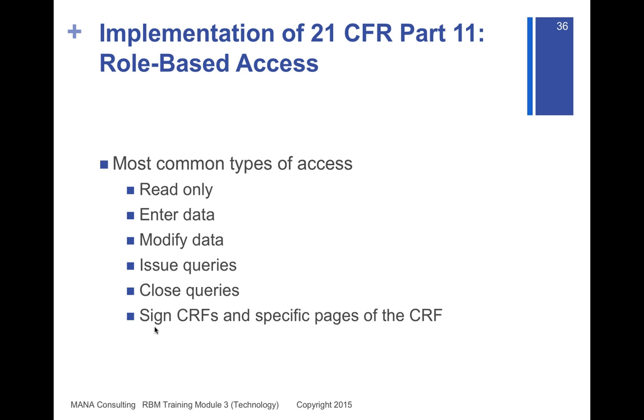Now let's go to role-based access, because you guys hear me talk about it all the time. I think it's such an important piece, and it really affects what you can do with different systems. So sometimes you'll hear role-based access, sometimes you'll hear roles and privileges, but basically what you're doing is you're assigning to individual users or groups or roles what they need to be able to do based on their responsibilities for the trial.